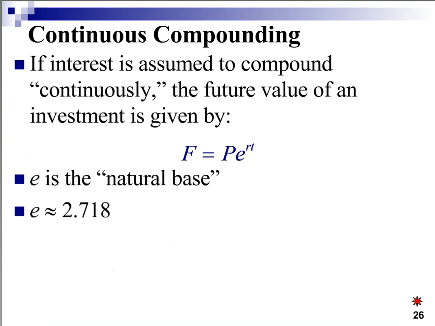So let's make a little transition here to a slightly different kind of example. The previous examples assumed what we call discrete compounding, which means you have a finite number of periods per year, or a finite number of times that you earn interest in the account. We're now going to assume continuous compounding, where the assumption is that interest is compounded on an ongoing basis, or continuously. So you don't have 12 periods, each one giving you a new amount of interest.